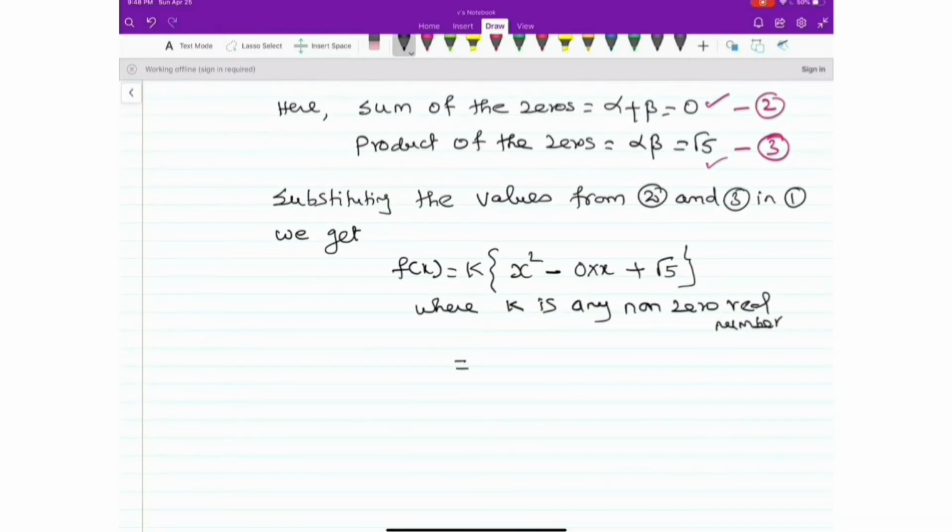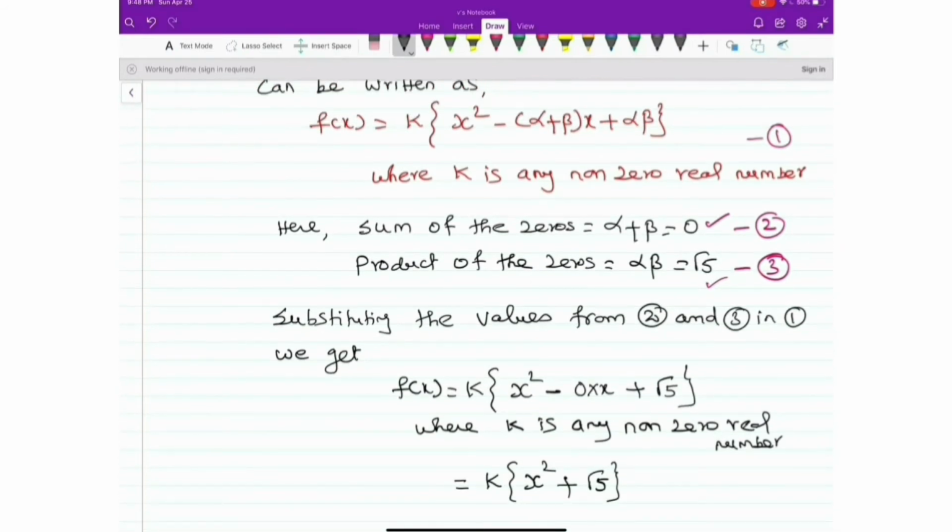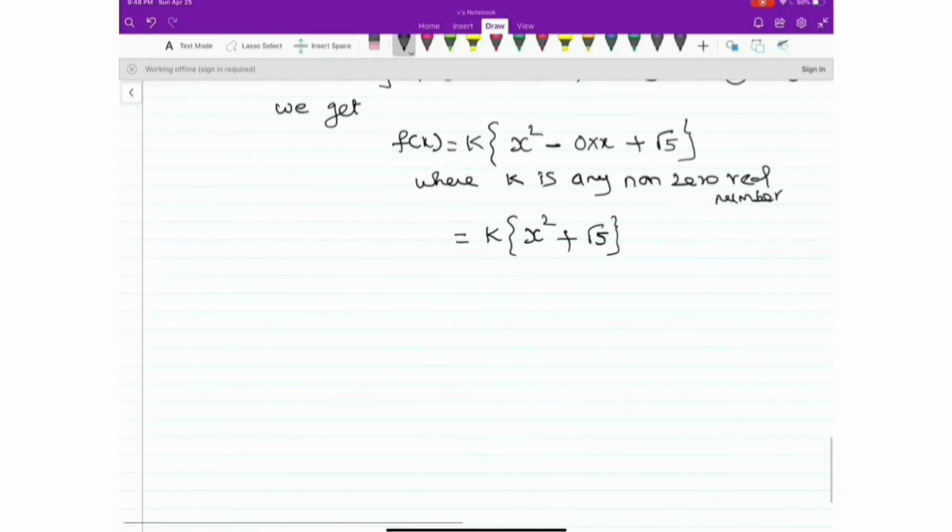This is nothing but k into x square. 0 into x is going to be 0, then plus root 5. The final place, you have to write this condition at least in one place. What I feel is you can write when you write the general form, and then at the end, once again you can write it. That will be more than enough.